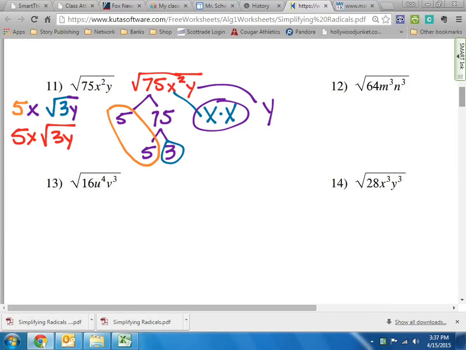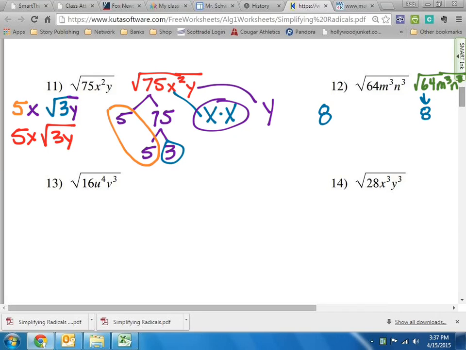All right, let's do it with 64 here. Let me write it off to the side so we have a little bit more space. So 64, m to the third, n to the third. Now hopefully you see, wait, 64 is already a perfect square. Cha-ching, it's 8. That was easy.